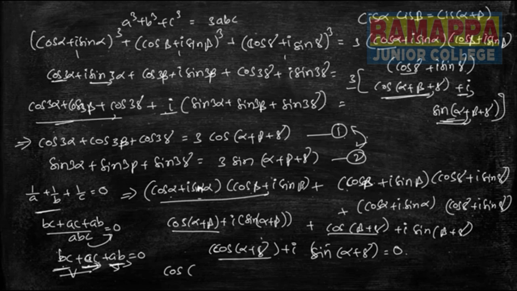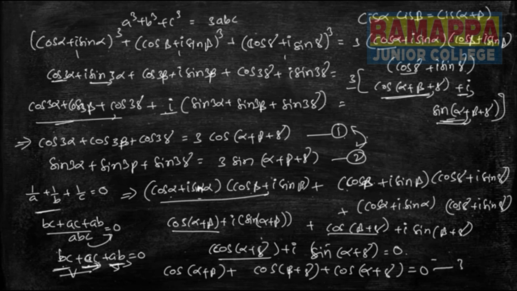So cos of alpha plus beta plus cos of beta plus gamma plus cos of alpha plus gamma is equal to 0. This is the third equation we have to prove.